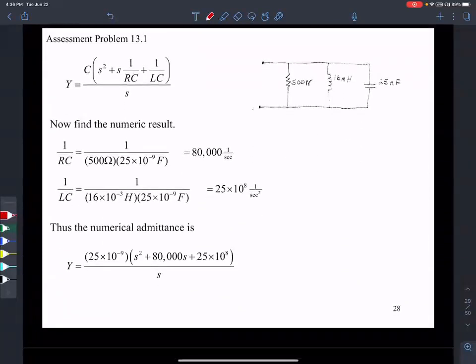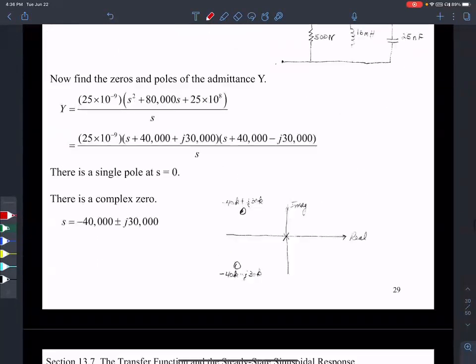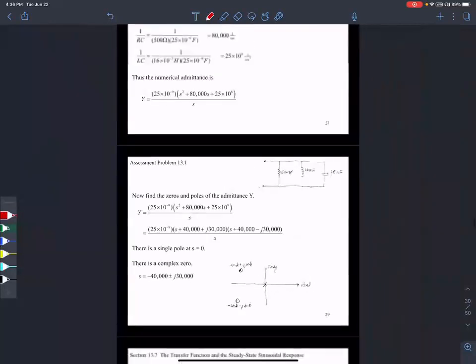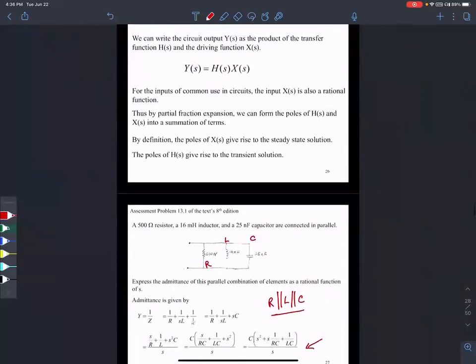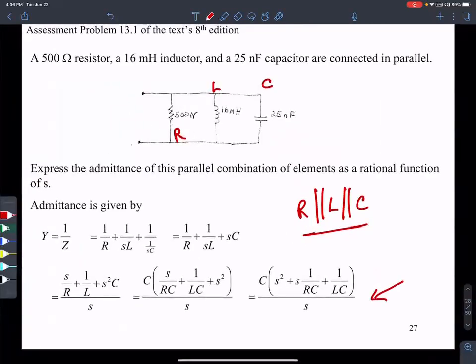Now we can find the value of 1 over RC, 1 over LC, and so on. But if you're asked to find the poles and zeros, that should be straightforward as well.